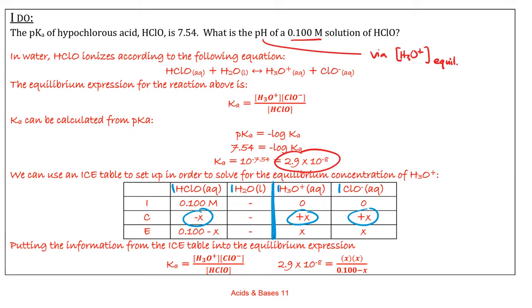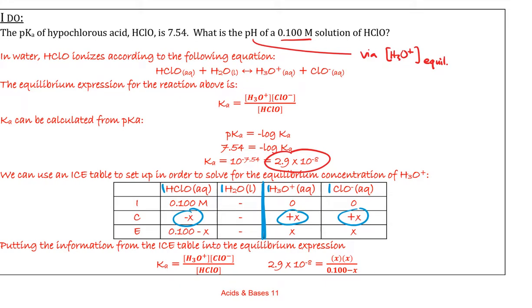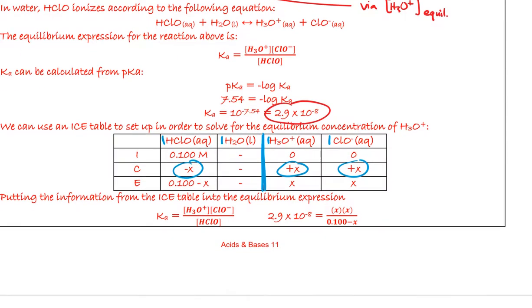And so those increase while the acid concentration decreases by an x amount as well. So at the bottom of this table, we've got the E line filled in, the equilibrium amounts: 0.1 minus the x that was lost, and on the other side, the x amount of each of the two products that were being formed. So if I go to fill in my K expression with that, I end up with the information given here.